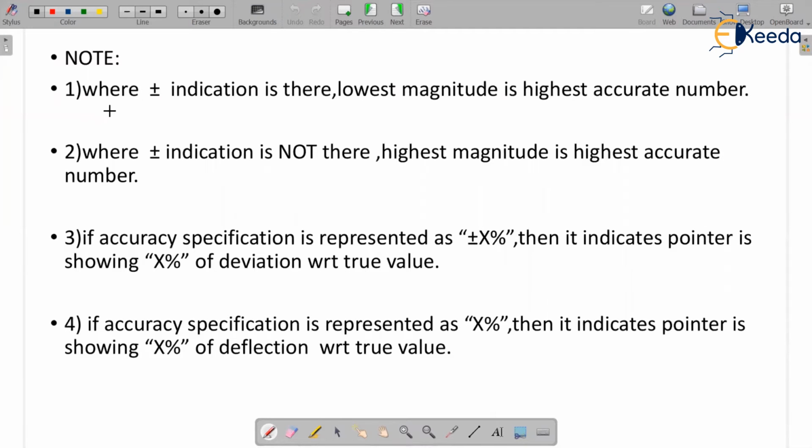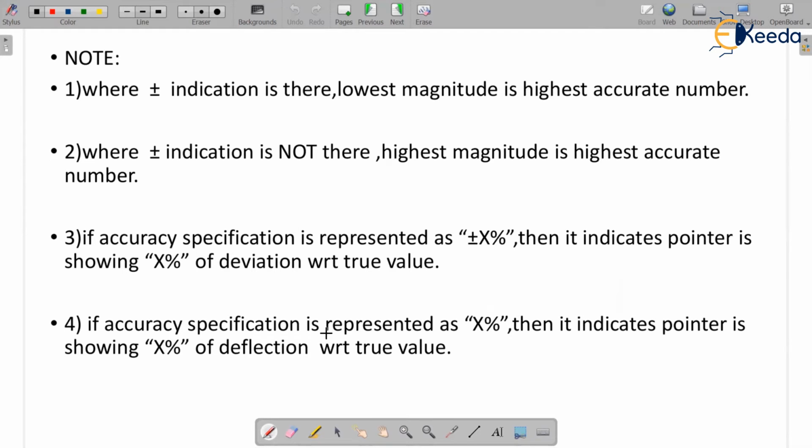Where a plus or minus indication is there, the lowest magnitude is the highest accuracy. Where a plus or minus indication is not there, the highest magnitude is the highest accuracy. If the accuracy specification is represented as plus or minus x percentage, it indicates the pointer is showing x percentage of deviation with respect to the true value.